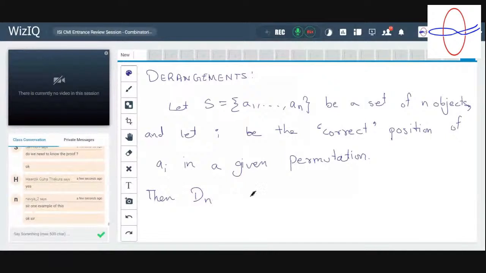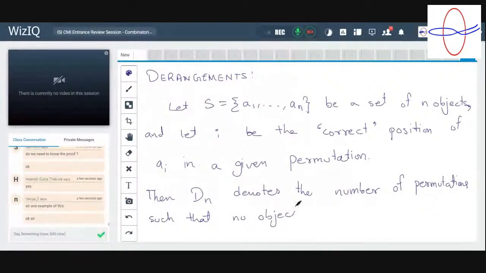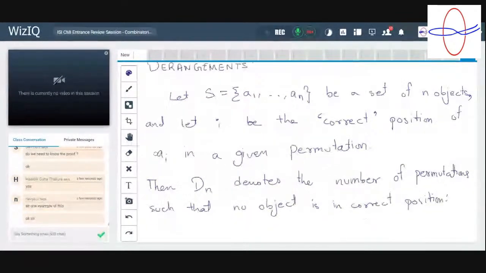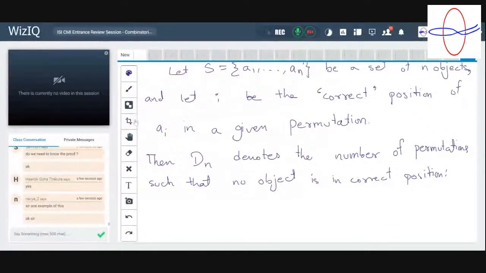Then DN denotes the number of permutations such that no object is in the correct position. That is, how many ways can I try to unlock my car such that no car unlocks? Or how many ways can I mail my letter such that no letter reaches the correct address?